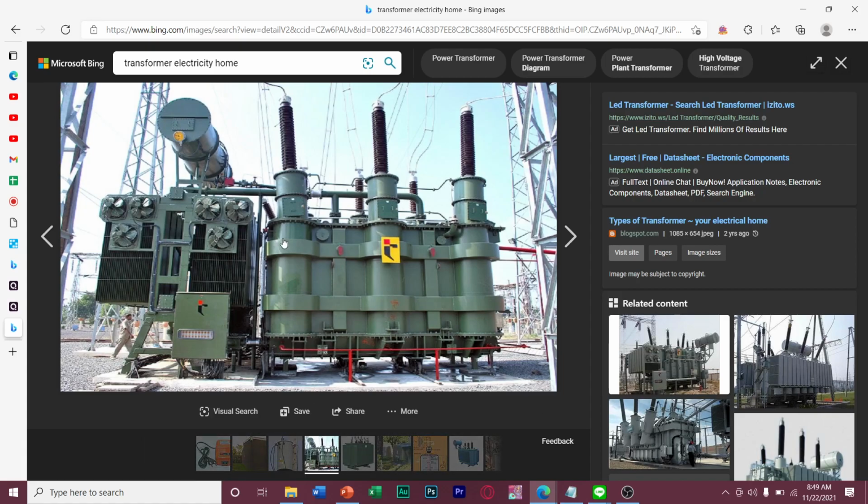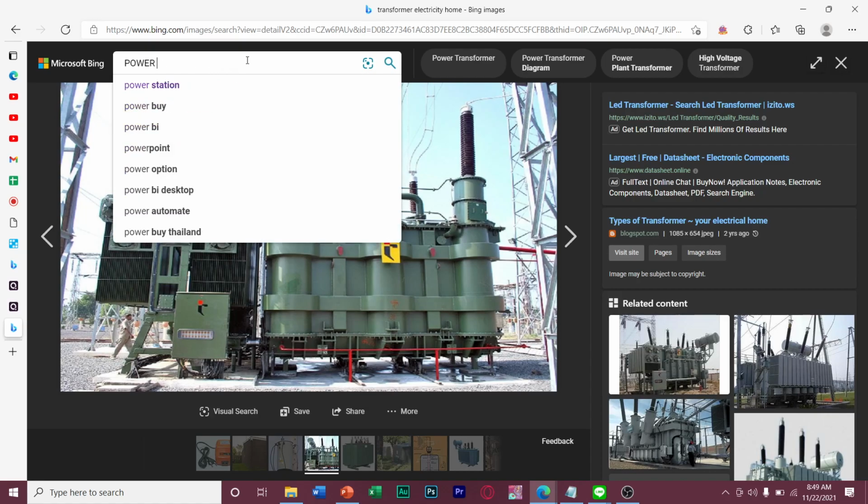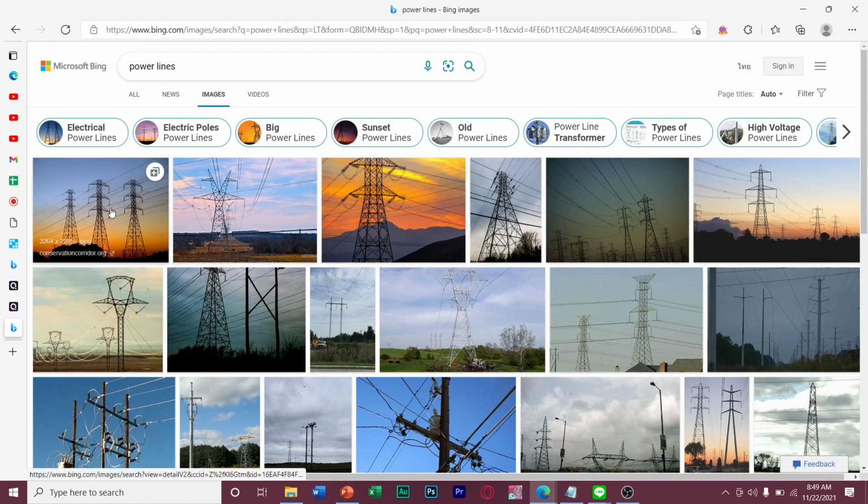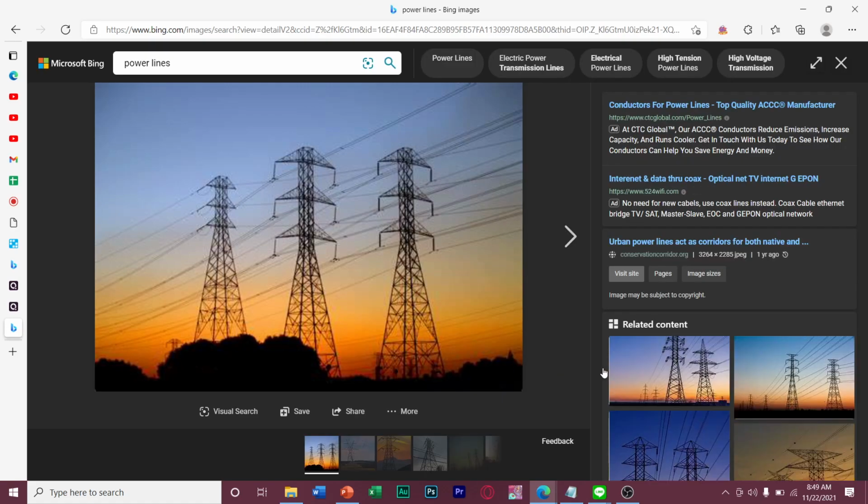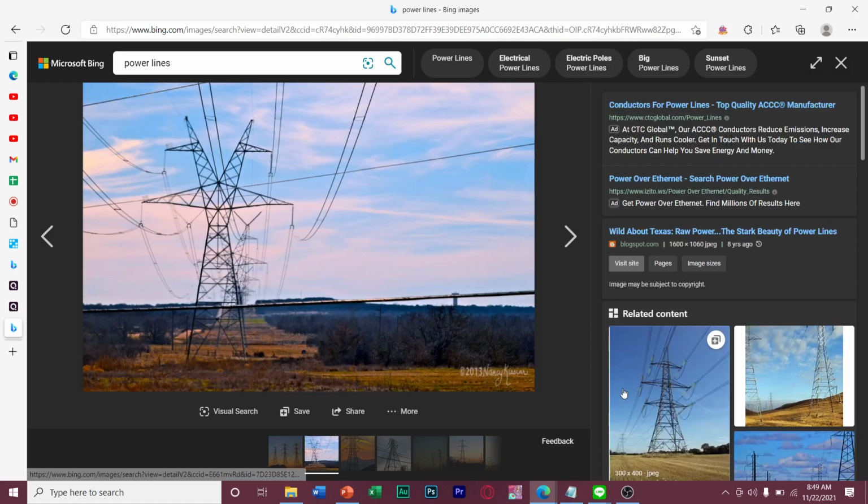From the power station, they supply here to the transformer. After the transformer, this one brings the electricity to the power lines. Okay, this one is what they call the power lines. Can you see this picture? Yes. Okay, so this one's the power lines.